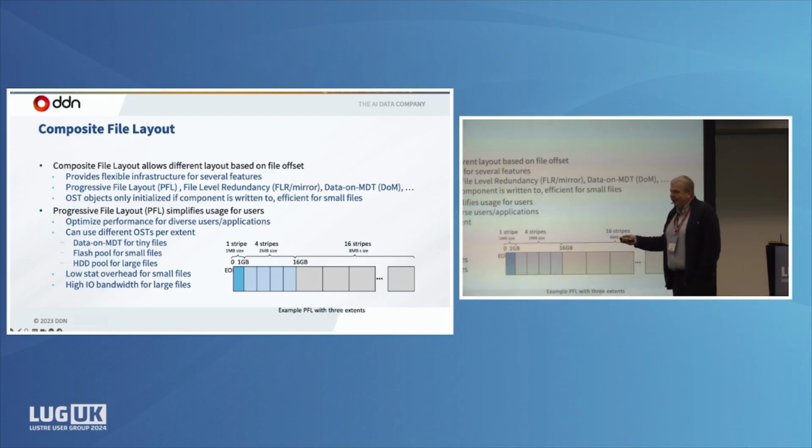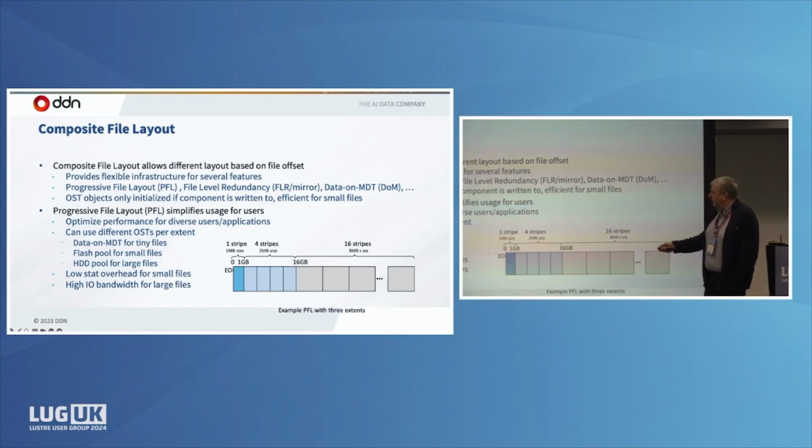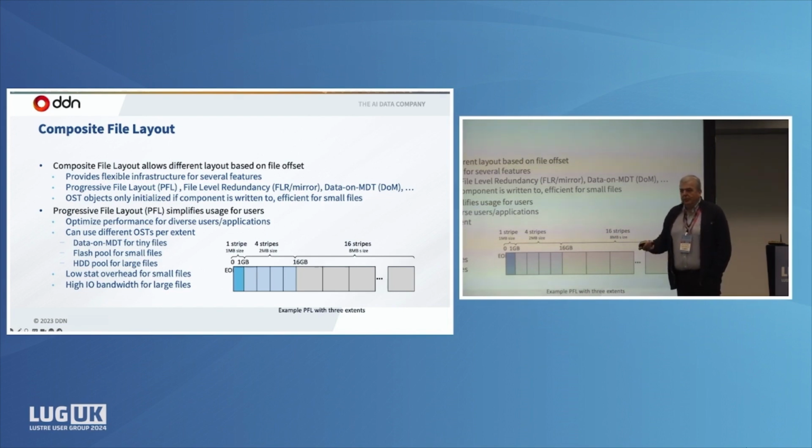Each extent can have a different stripe count, location, and size. For this one, you have the first bit on SSDs, the second bit on hard drives. When it goes above a certain size, to the end of file, you increase the number of OSTs and the stripe size, and it really benefits reading large files.